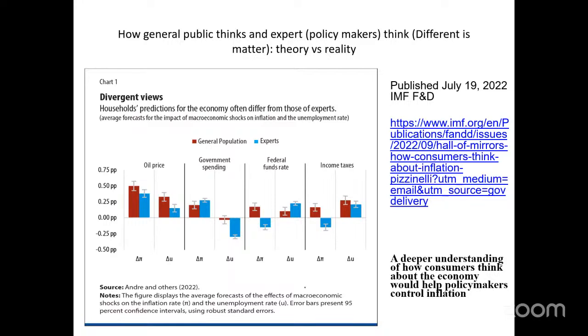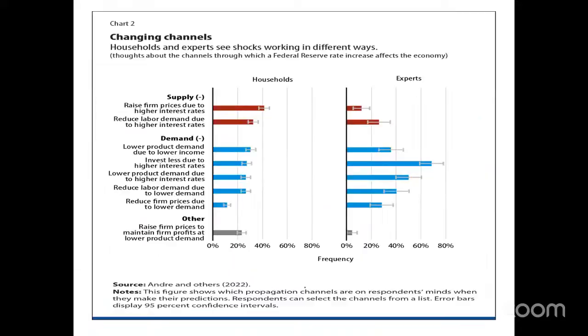Let's say the government expenditure increases; theoretically we expect inflation or unemployment to reduce, but at the ground level it does not really happen. So this study was done in the USA, and someone could do it in Sri Lanka also, on the behavior of policymakers, experts and households.